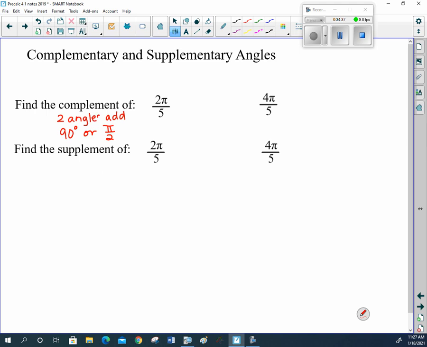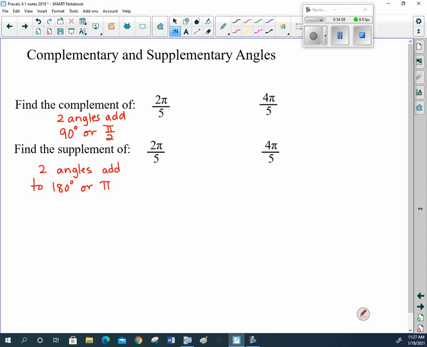And then what is the supplement of an angle? Supplementary angles are two angles that add to 180 degrees or pi, in terms of radians.